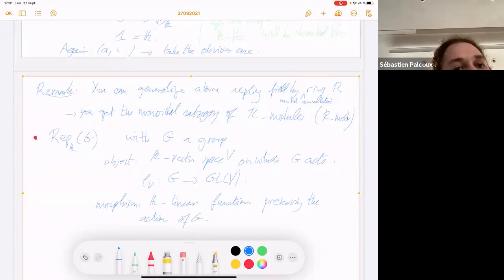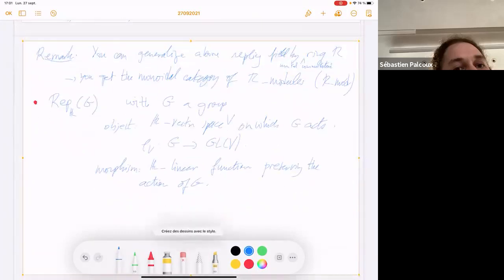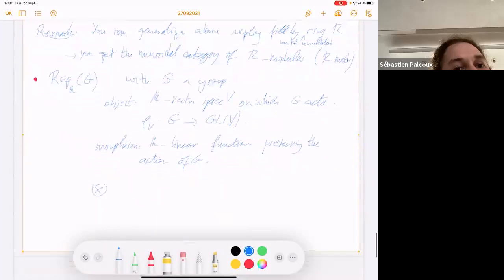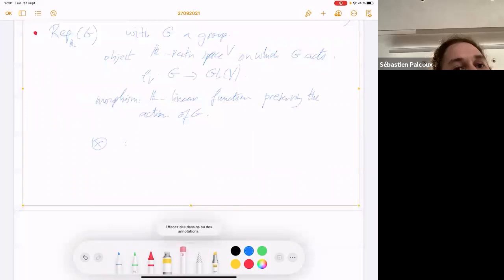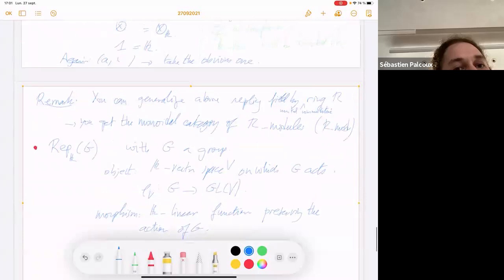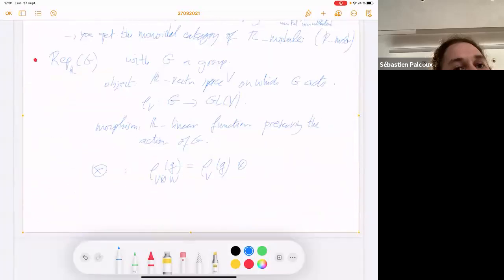And the tensor product is given as follows. If you consider a representation like that, you take the usual tensor product on the vector spaces, and you need the following action like that.